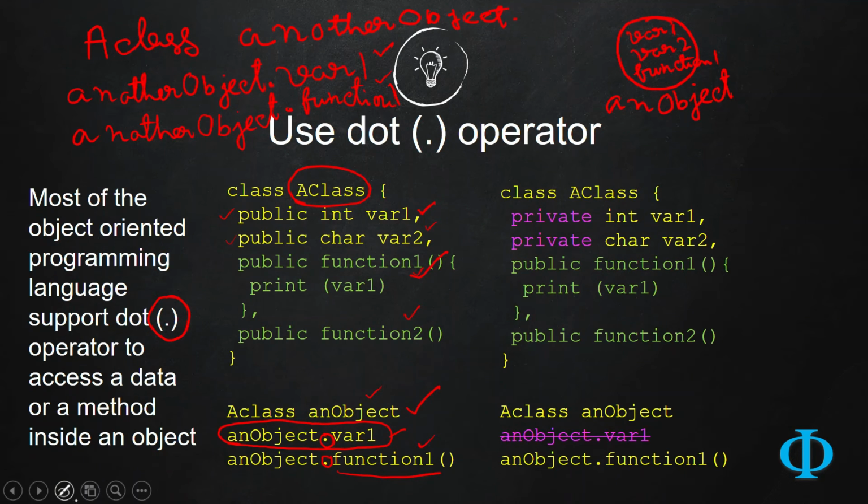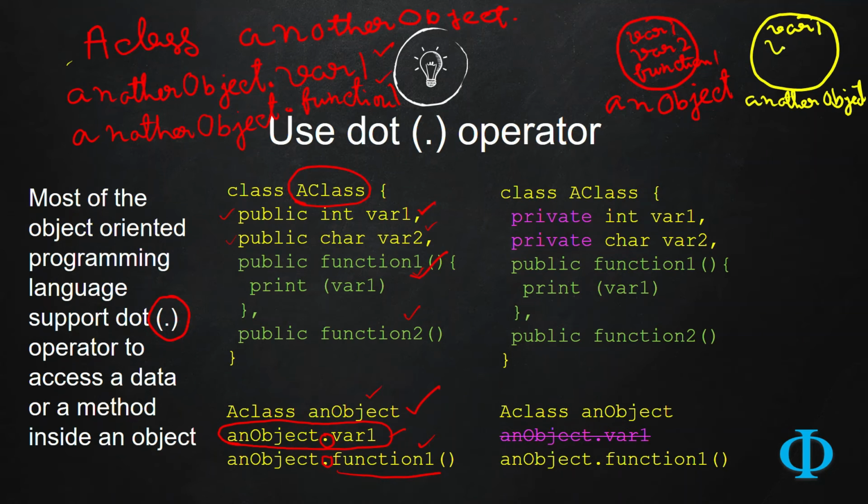And whenever you are creating another object, it is basically creating another object like this, and this another object has its own instance of var1, var2, function1, function2 like this.